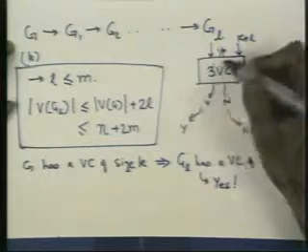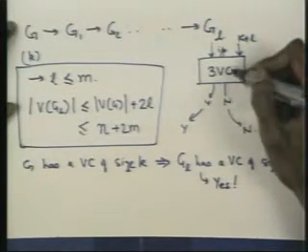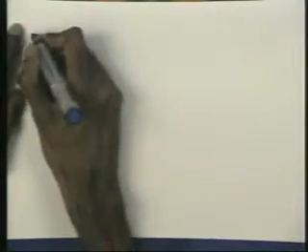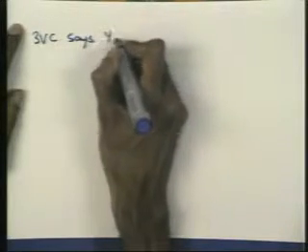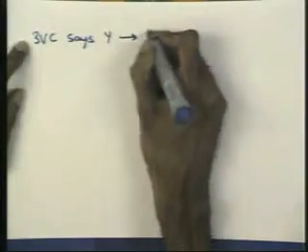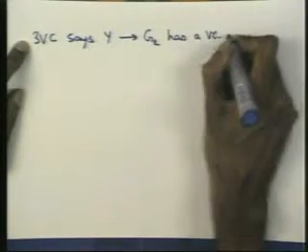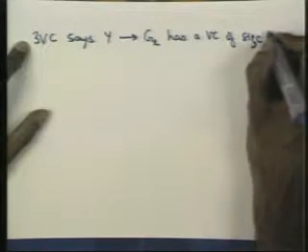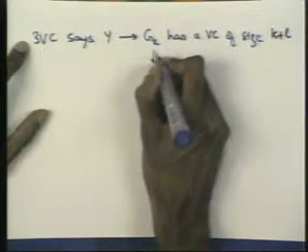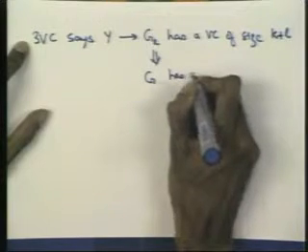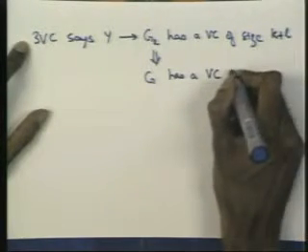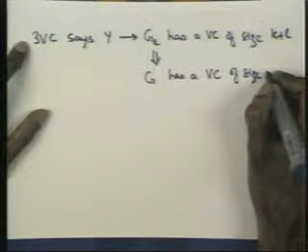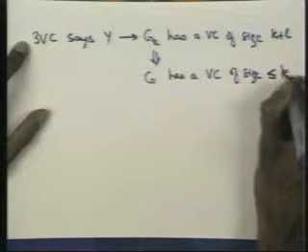So if 3VC says yes, this means that GL has a vertex cover of size k plus L, and we know that this implies that G has a vertex cover of size at most k.